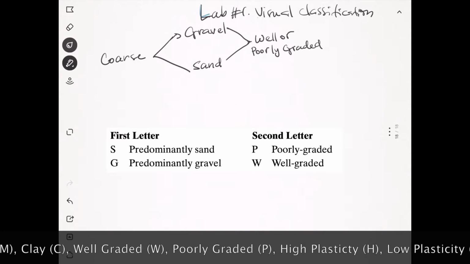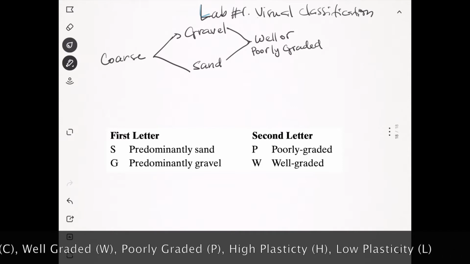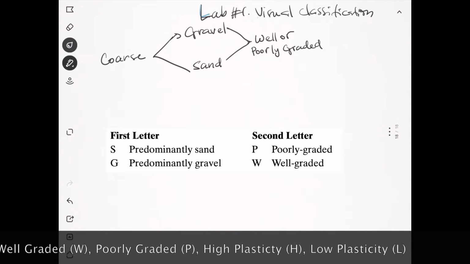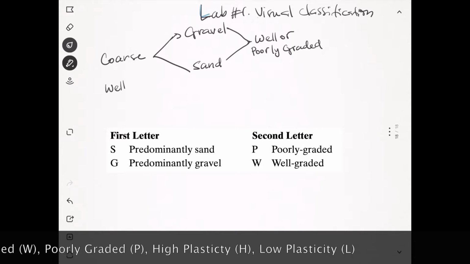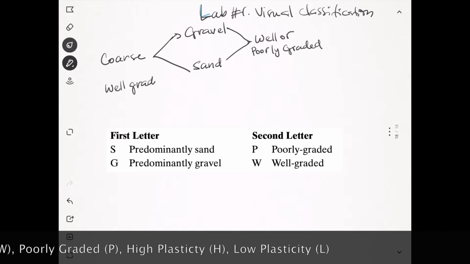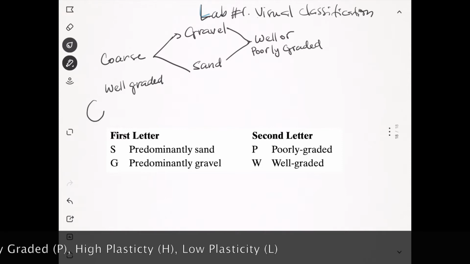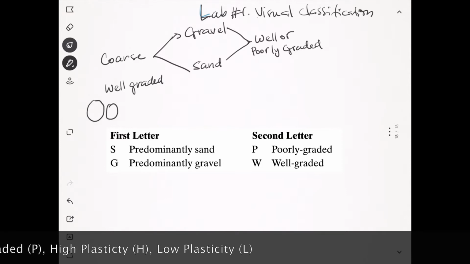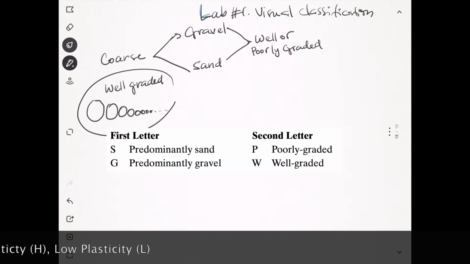Well graded soils are those where we have a variety of sizes. We have different sizes of soil in a sample, some pretty small and others larger.